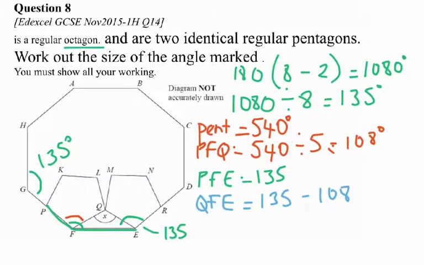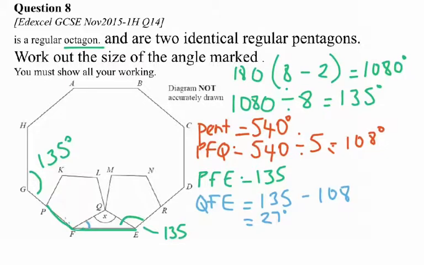So 135 take away 108, and that should leave me there with 27 degrees. So I'm just going to remove some of those annotations so that we can see now where we've got, and I can label that angle QFE for you. So QFE is that small angle there.